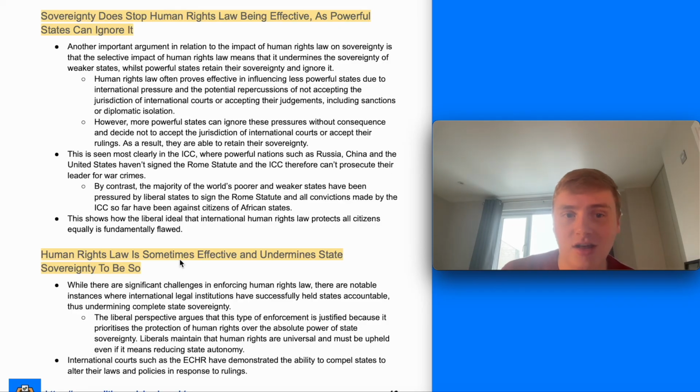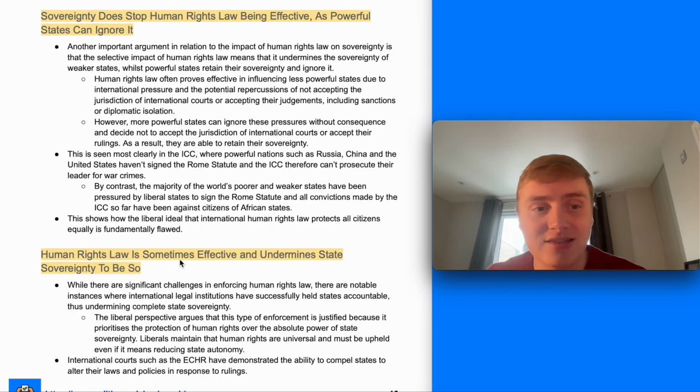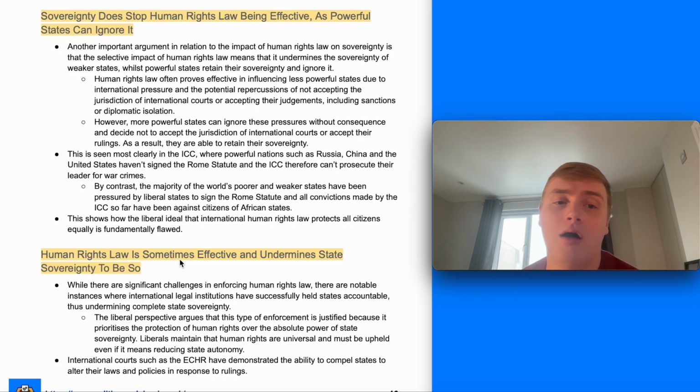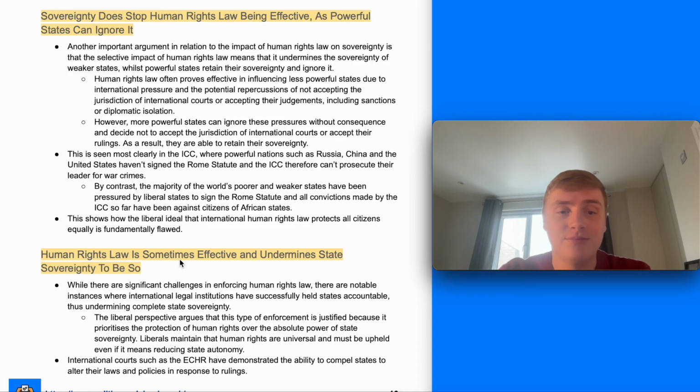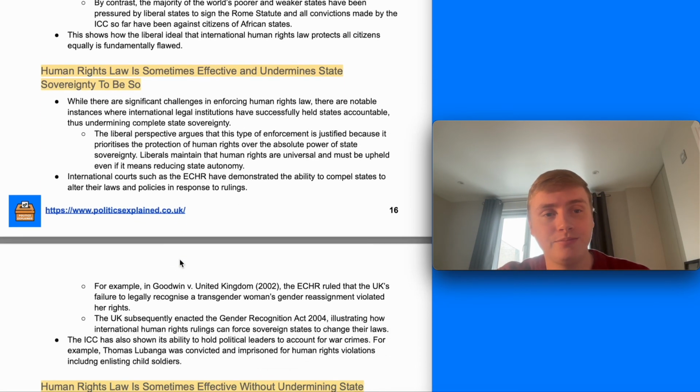And by contrast, the majority of the world's poorer and weaker states have been pressured by liberal states, in particular the European Union actually, to sign the Rome Statute. And all convictions made by the ICC so far have been against citizens of African states. This really shows that the liberal idea of international human rights law as being indivisible and protecting all citizens equally is fundamentally flawed and isn't upheld globally.